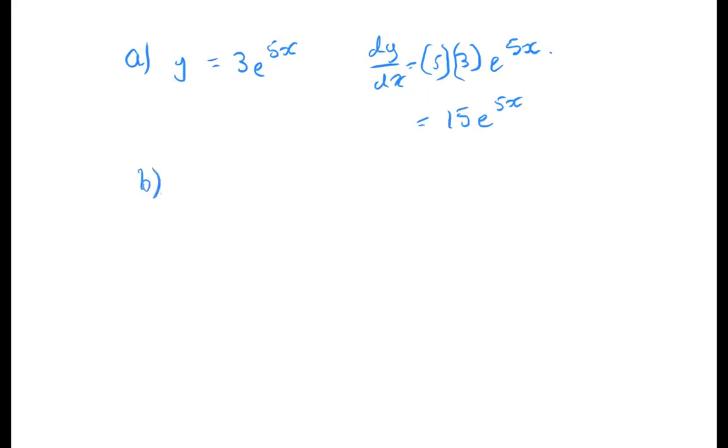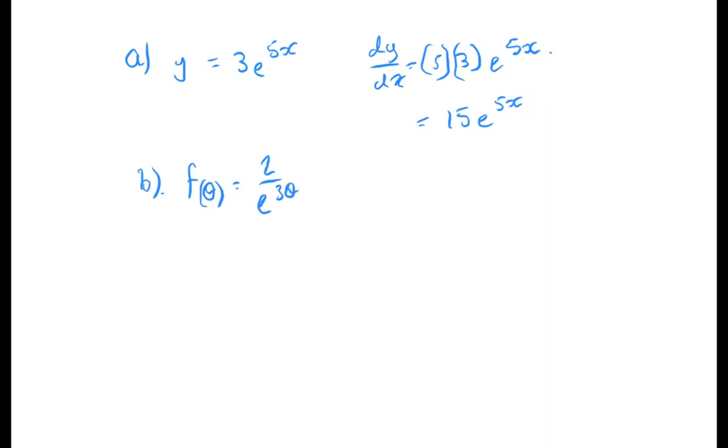B. How do we do B? I think Toby's got this one. We've got f of theta is 2 over e to the 3 theta.